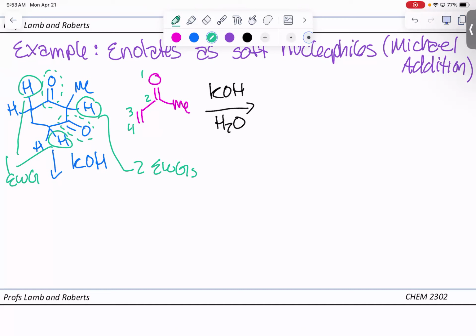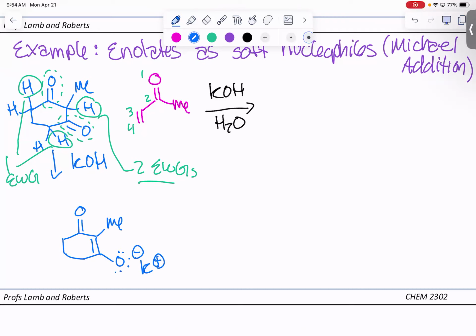So we would go with the most acidic proton, which is the one with 2 electron withdrawing groups, all right? So that means our enolate would look like this. Now we could have drawn the enolate with the other ketone as well. That would be perfectly fine.